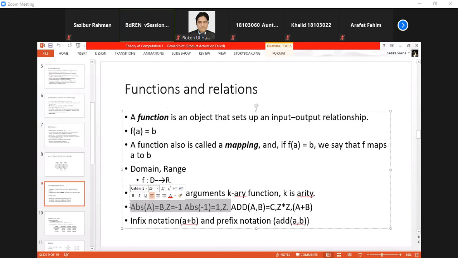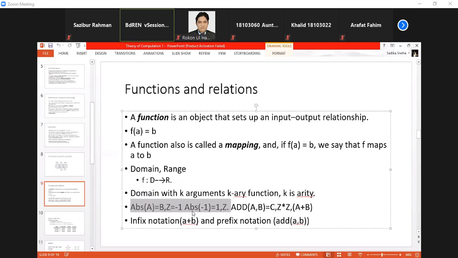And if we take any negative number or any positive number, they are going to give us only positive numbers as output for the absolute function. As we have said, there will be one possible argument as input. Here the possible argument is Z, which is representing all the integers.